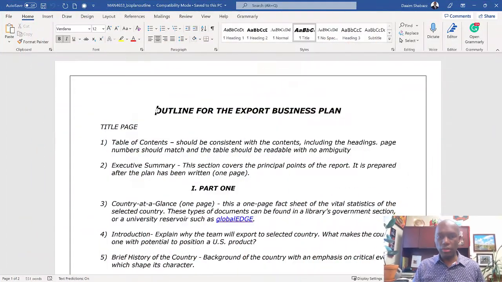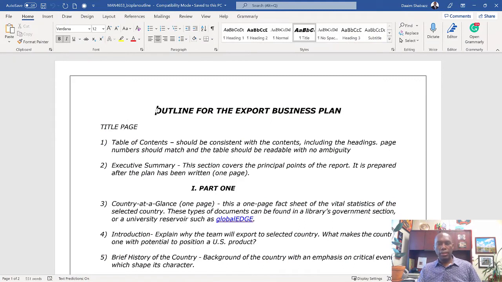And once you're done, and I'm going to actually switch to the outline here. Focus on the outline a little bit here. The title page here is going to be done last.